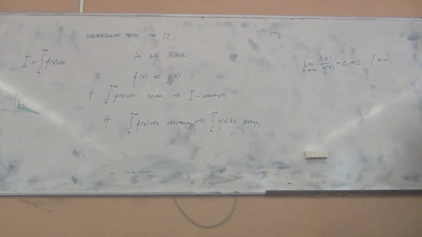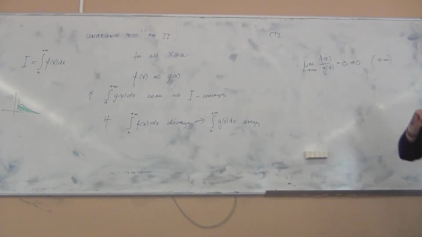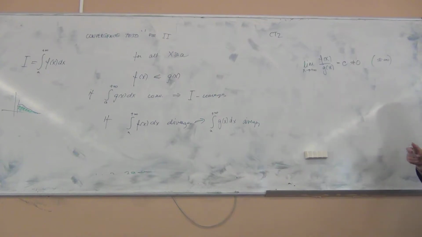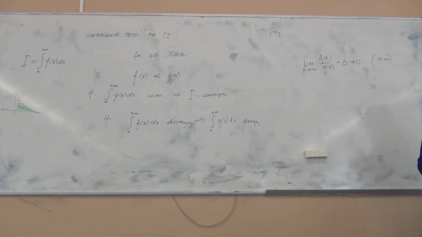So if we have a limit of the ratio that is some non-zero constant, then it turns out that the improper integrals of these two functions behave in the same way. They both diverge or they both converge. In other words, if I have chosen the other function g wisely so that I know whether that integral converges or diverges, then I can state that the integral of the f function does the same.